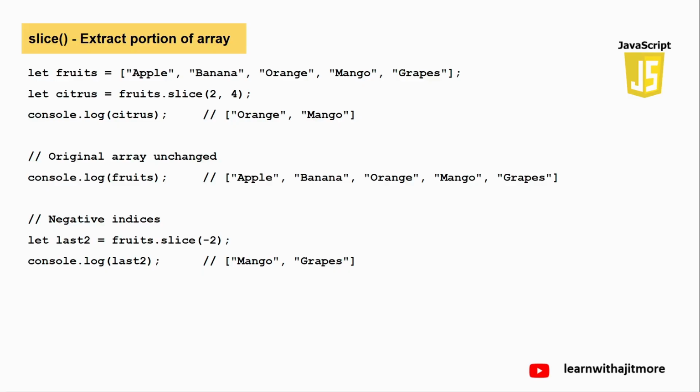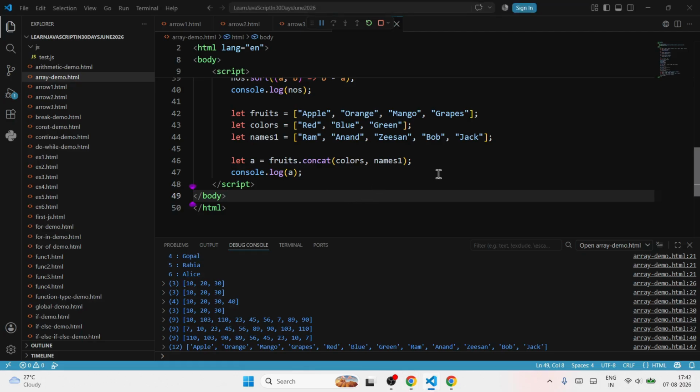Your original array is going to remain as it is. It is just going to return a copy of the elements in that range, a copy of all the elements from this start to this end.